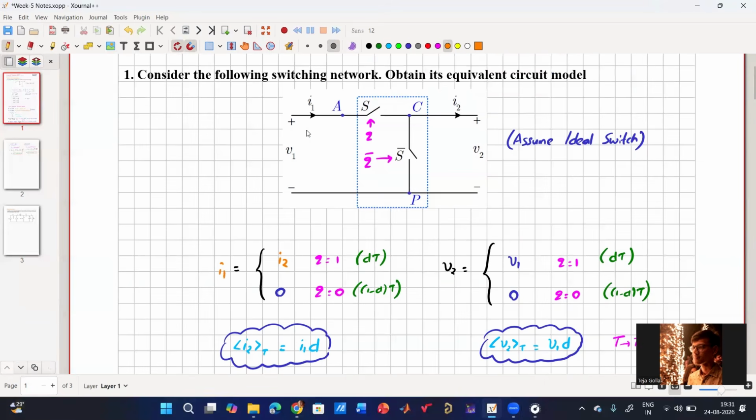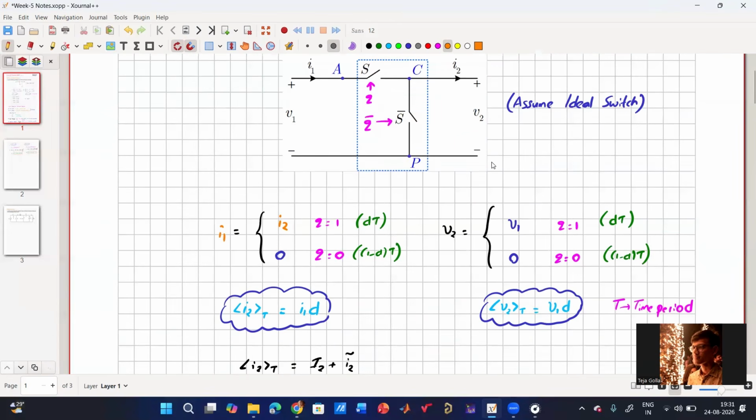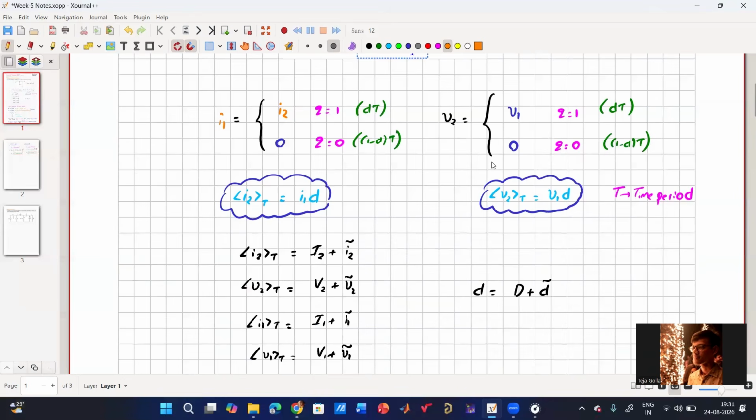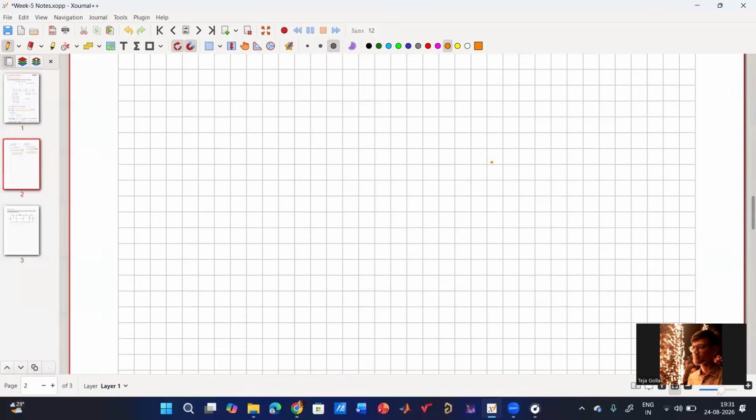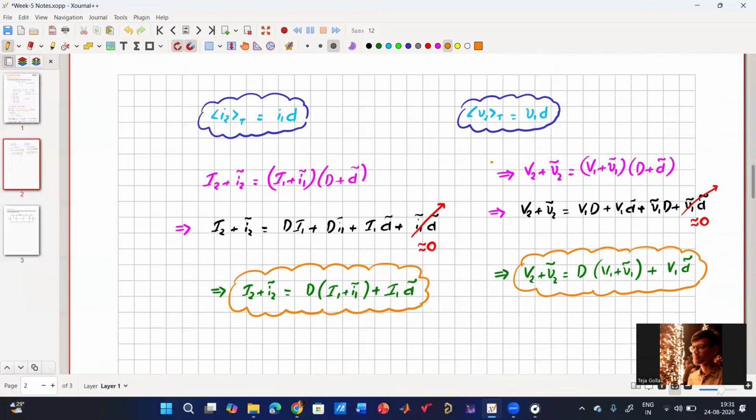I2 is not in our hands; the supply is in our hands. Whether the supply will supply the current or not, so whether I1 will equal I2 or I1 equals 0, because I2 is what the load is demanding. So it is similar to a buck converter. We have made this mistake, so let me modify this: I1 and this is I2. In the end, I1 will become 2 and 2 will become 1.